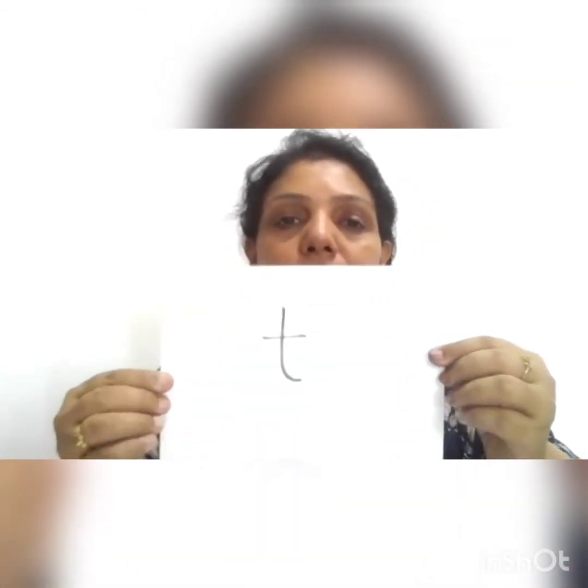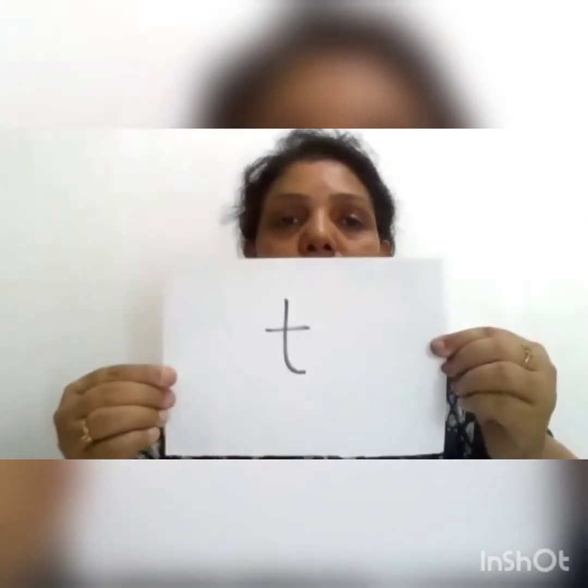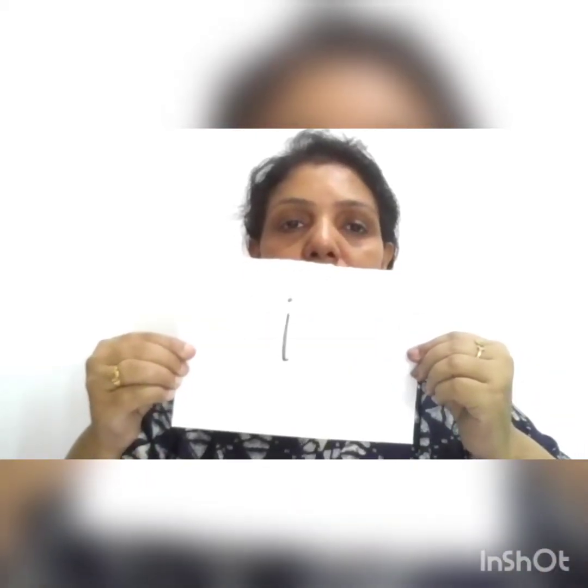So action is ant. Now this is okay. Then it's E. You have to keep your hand here.